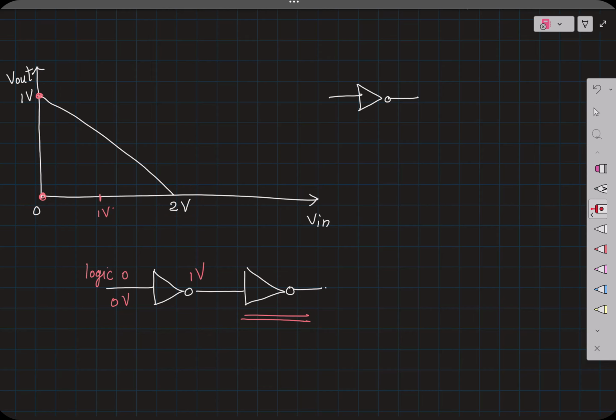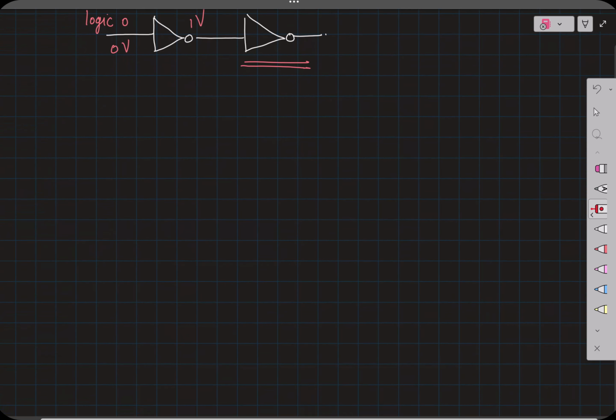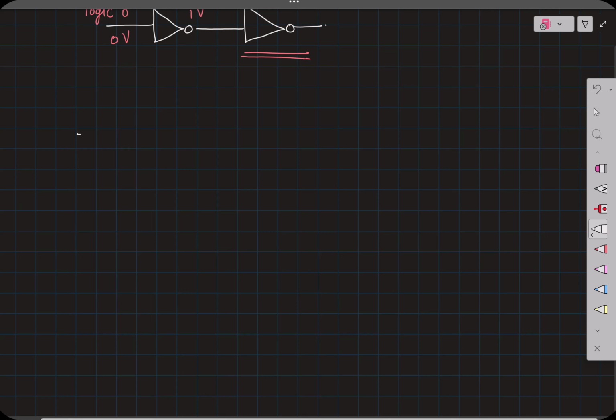And this discussion is not complete unless I tell you how we should be defining logic 0 and logic 1. So let us do that. If I take an inverter and feed in what this inverter clearly recognizes as logic 0, then you expect to see an output which is logic 1.